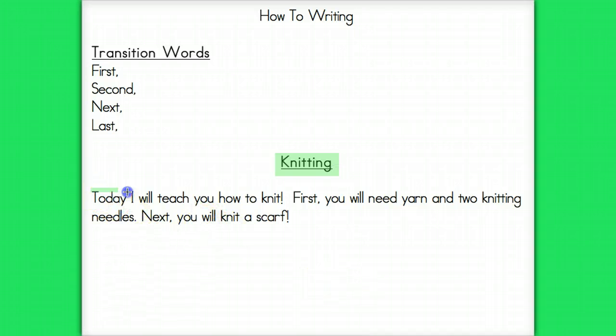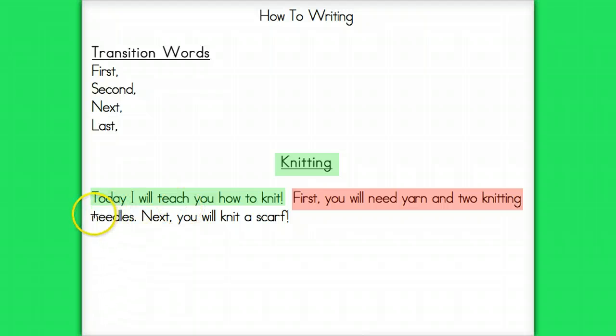Then I want to see a topic sentence. Remember, the topic sentence doesn't teach me anything. It just tells me about what you're going to teach me. Then I'm going to see 2 more sentences that teach me how to do something. I'm just going to highlight those in red. Okay? So a total of 3 sentences on your homework.